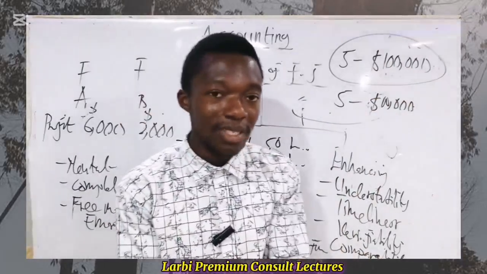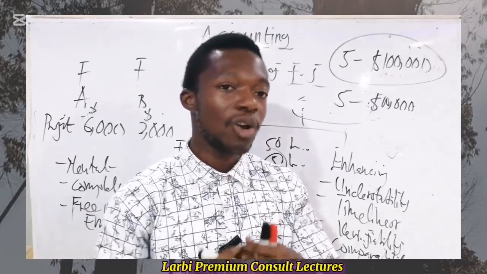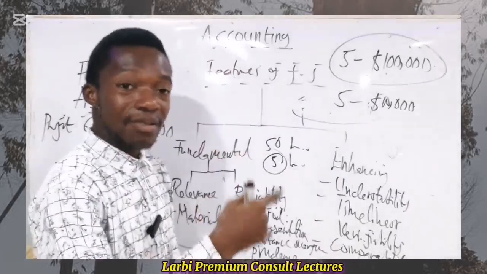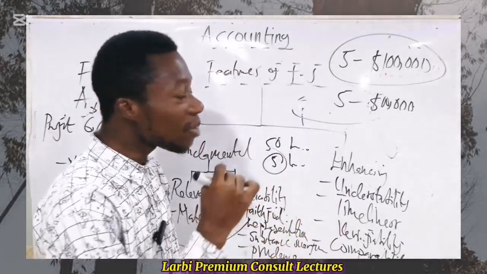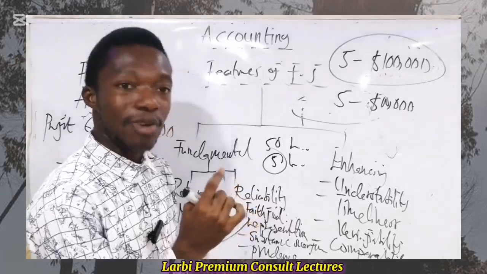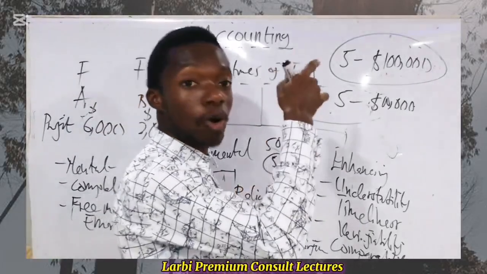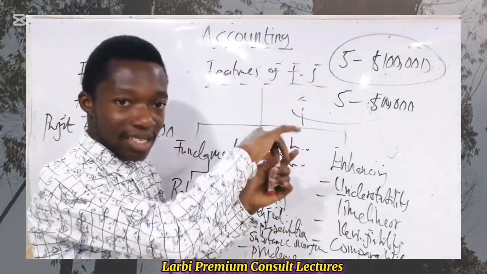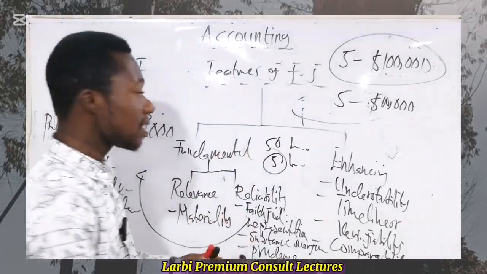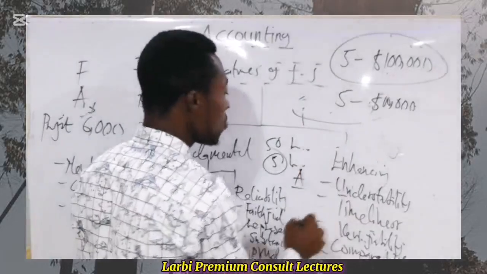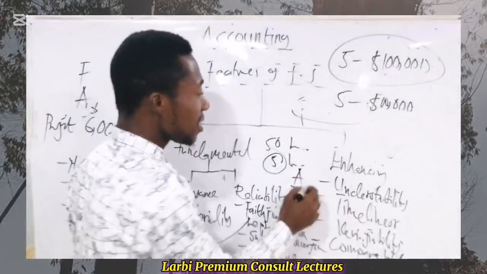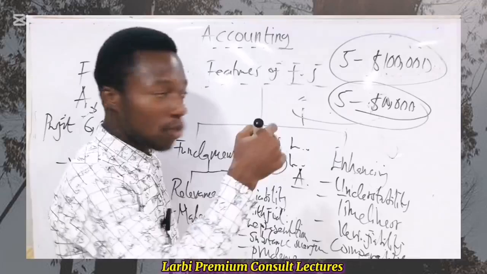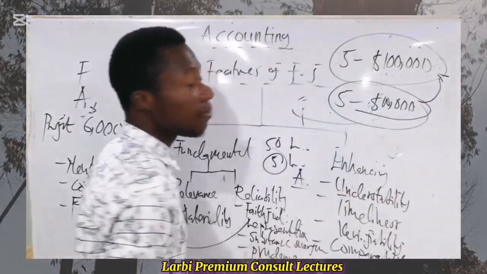So substance over form is saying that when it comes to recording of a transaction, you are going to record the transaction that gives the economic value of the transaction, rather than its original cost or the legal form. So when it comes to recording this in the financial statement, in the books of, let's say, Mr. A who hired from Mr. B, Mr. A is going to record this 10,000 in the financial statement rather than this 100,000.